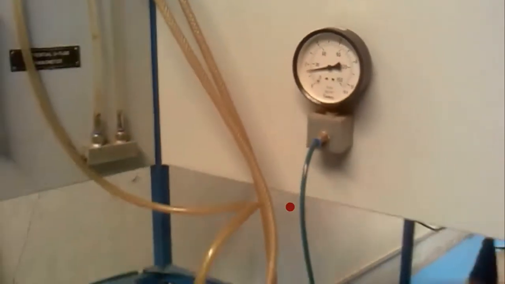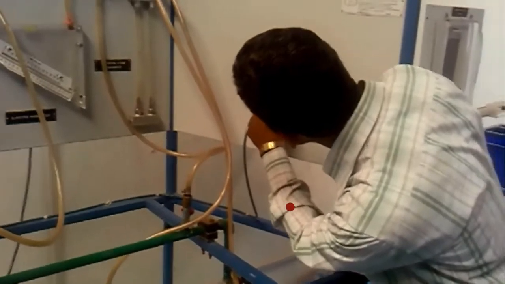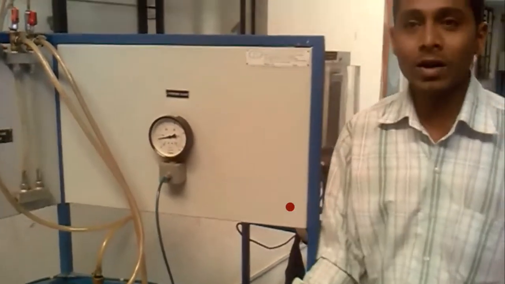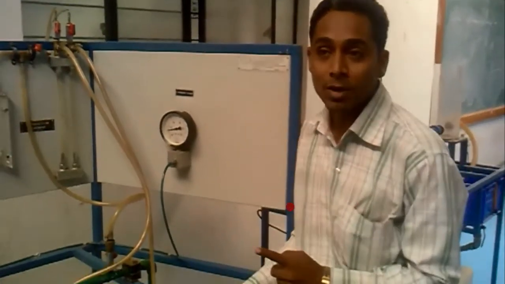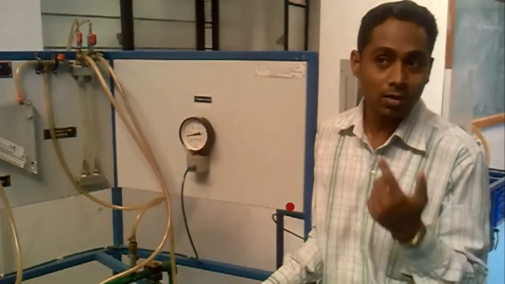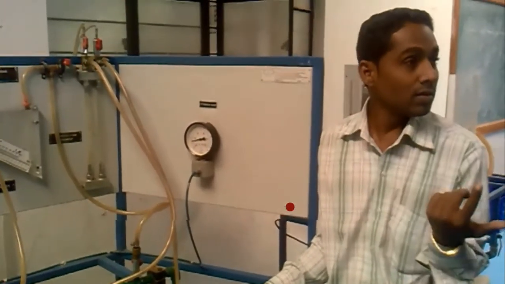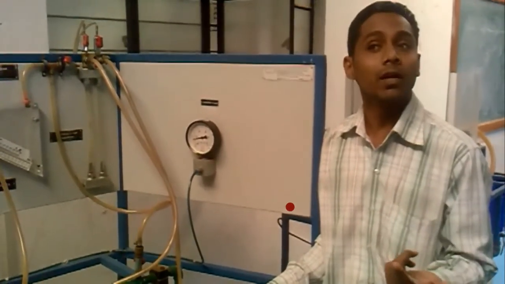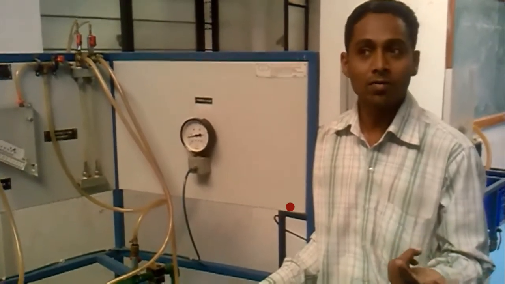It is between 0, here is 1 and here is 2, meaning it is 1.5 bar. But which pressure is this? Gauge pressure. What would be the absolute pressure of the system? 1.5 plus 1.01325 bar, so it will come to 2.6, 2 point something.